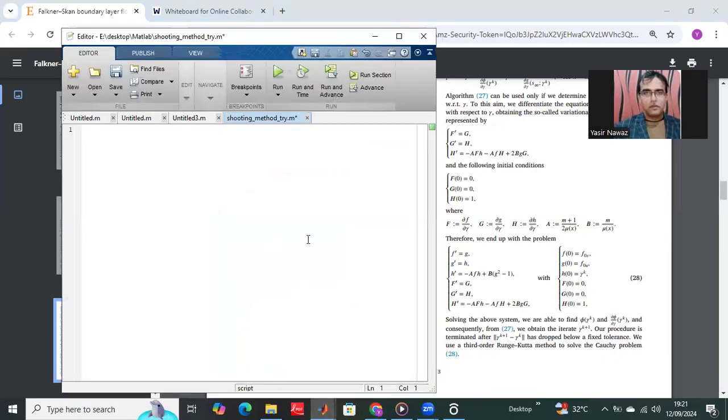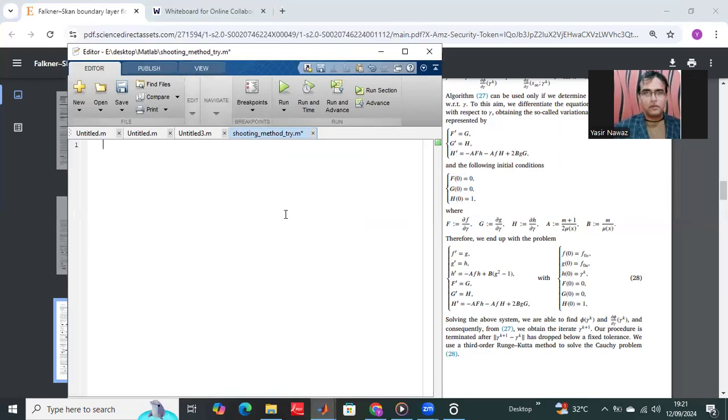So I will introduce here a function. I call it shooting method for boundary value, and then clc here.